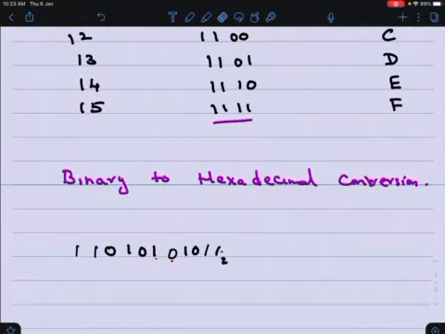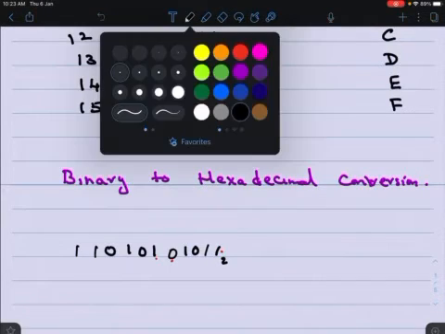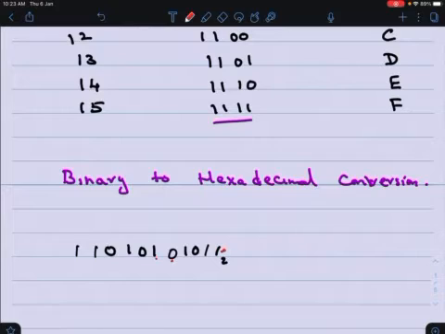So here you have the number. We start with the binary point, we just mark a point and then break it into 4-bit groups. 1, 2, 3, 4, and here 1, 2, 3.